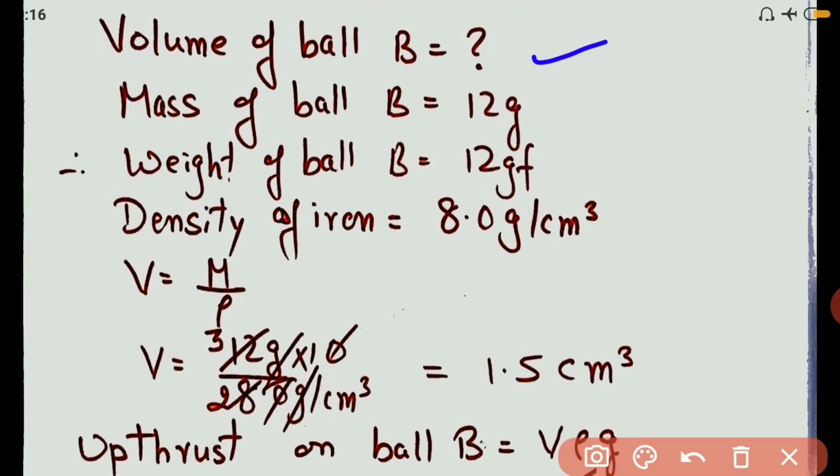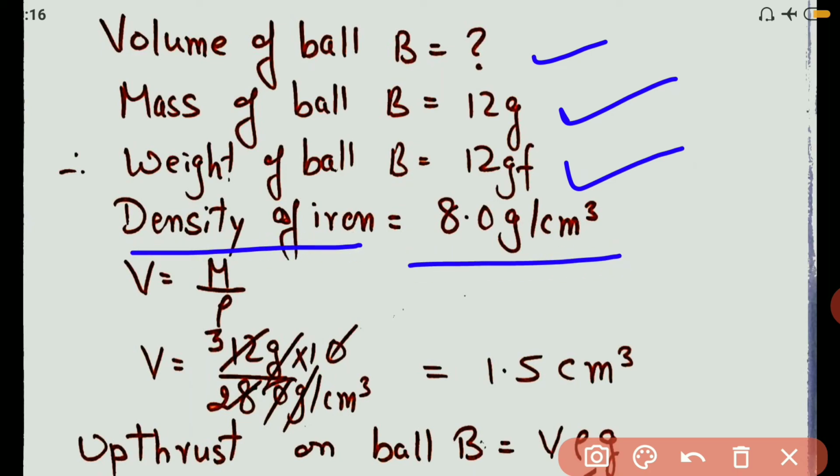Mass of the ball B is the same, 12 gram. Weight of the ball B is 12 gram force. So the density of iron given to us is 8 gram per centimeter cube. Using this density I can calculate the volume of the ball B. Why do I need this volume? To calculate the upthrust.